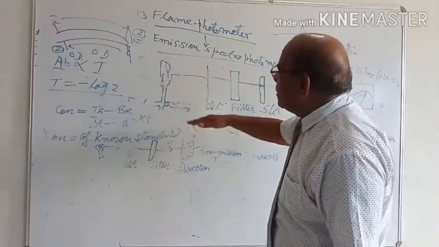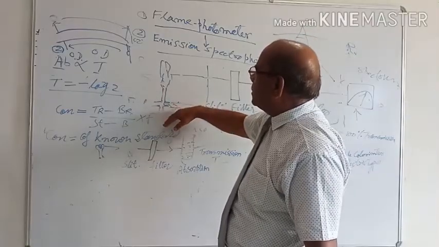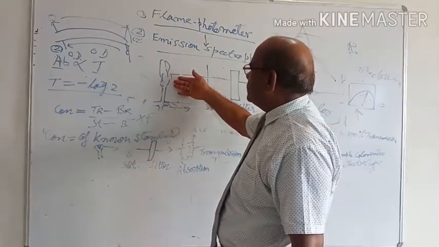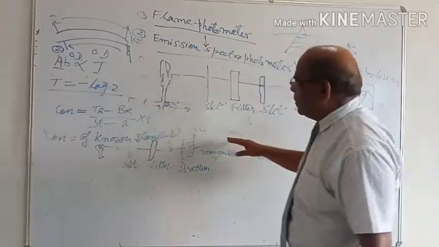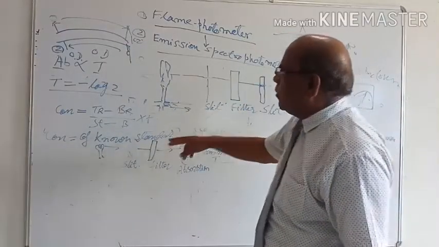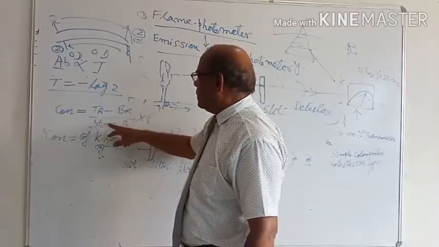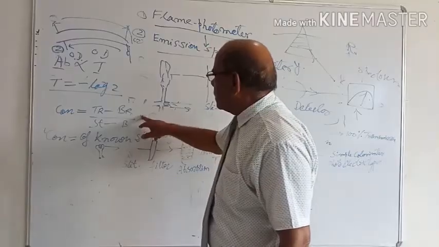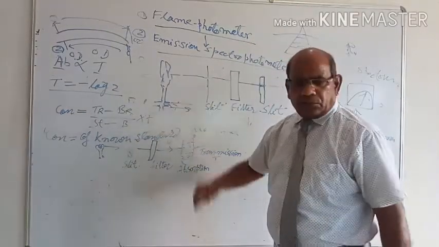Then we take a reading of the standard by processing it under atomized condition, and put the values in the formula test minus blank upon standard minus blank into the concentration of the known standard.